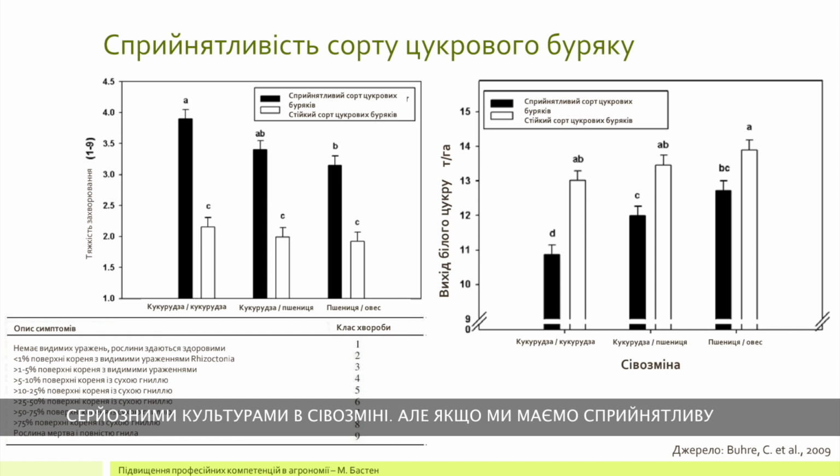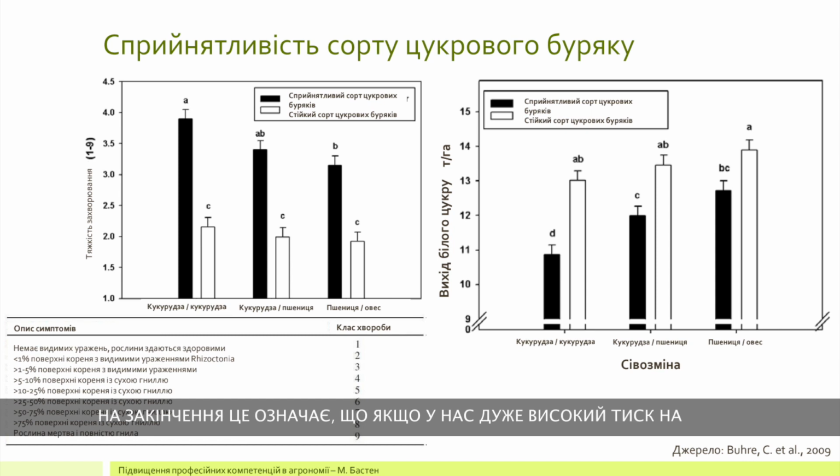But if we have a susceptible crop, then there's a significant difference in white sugar yield, depending on the number of maize crops we have in the rotation, which of course indicates that maize as a host plant propagates the inoculum, and the sugar beet, if it's susceptible to the disease, reacts and responds to this higher inoculum in the soil.